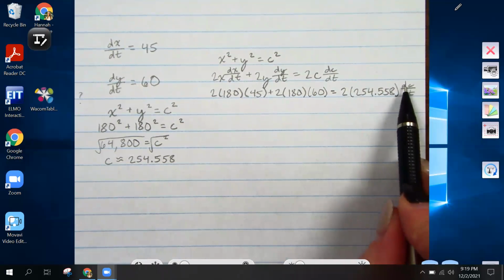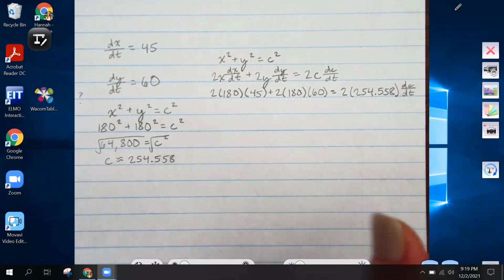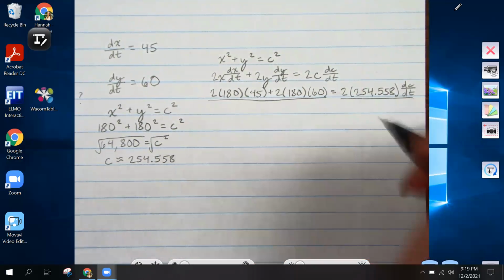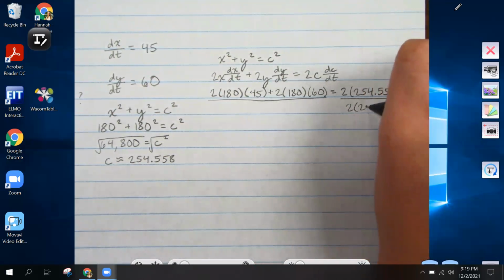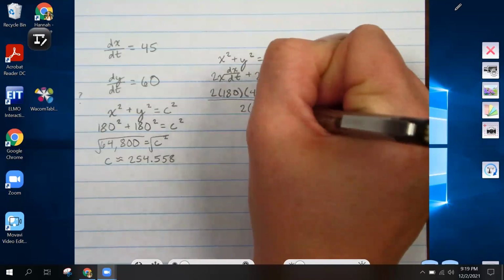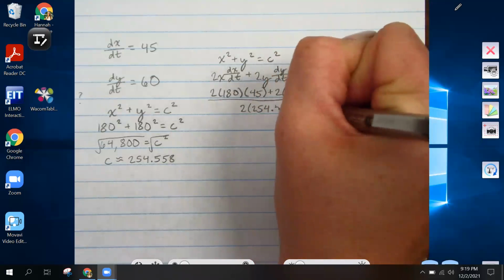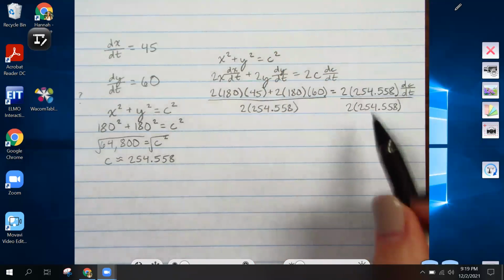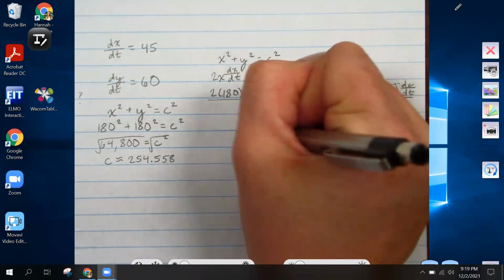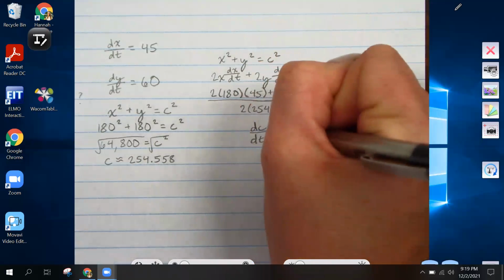So in order to get dc/dt by itself, we would need to divide both sides by 2 times 254.558, so that those would cancel out. You can do that in your calculator.